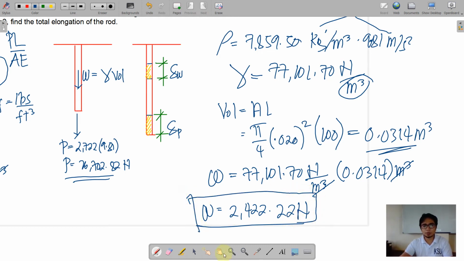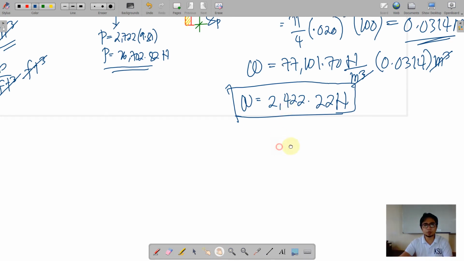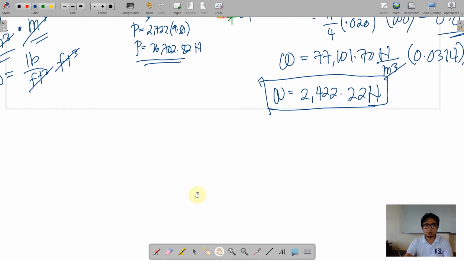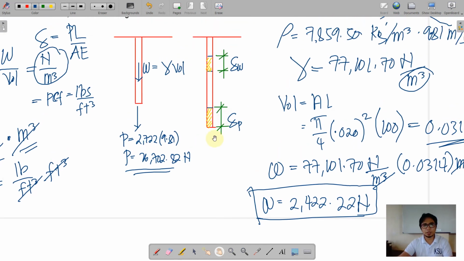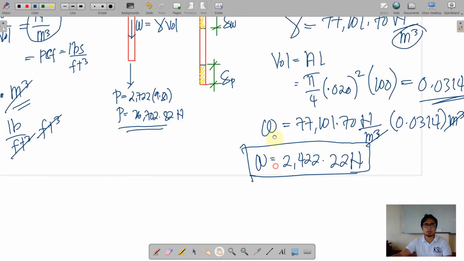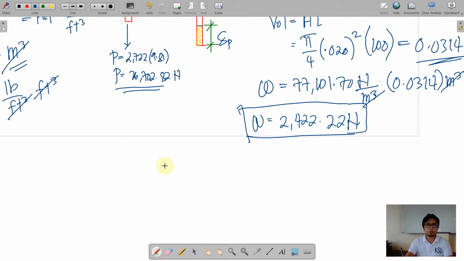Okay, next we'll now go to the calculation of the deformation. So again, we have the total deformation to be equal to the sum of the delta due to weight and the deformation due to the track weight, so that the total stretch will be equal to stretch due to the weight plus stretch due to the force of the track or the weight of the track.